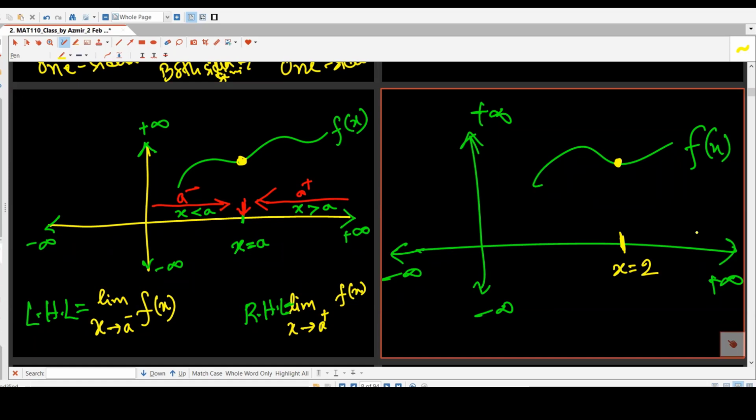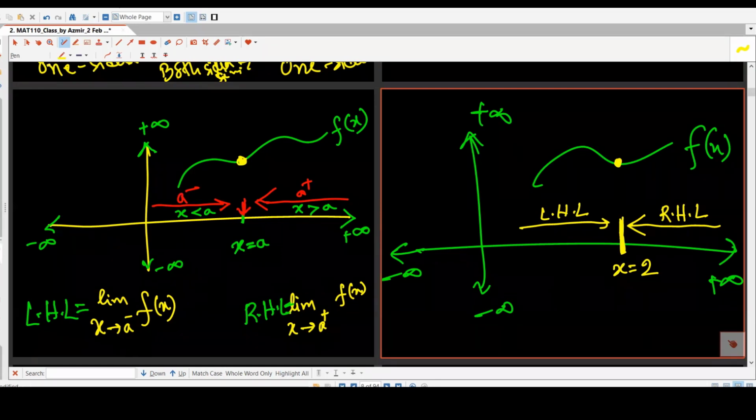So what is the right-hand limit? If we come from this part, this will be the right-hand limit. That means we are approaching x equals 2 from the right side. If we come from the left side, that is the left-hand limit. So we are coming from the left side towards x equals 2.